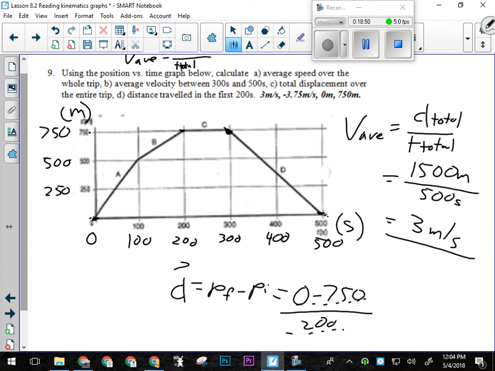That won't get them the right answer, and vice versa. So we have to make sure we know this is a velocity versus time graph, and I have to do things differently than if it was a position time graph. There's nothing worse when I'm marking than to look at it and go, that person so knew what to do but didn't make a note of what kind of graph it was, and so they used all the wrong method for that graph.